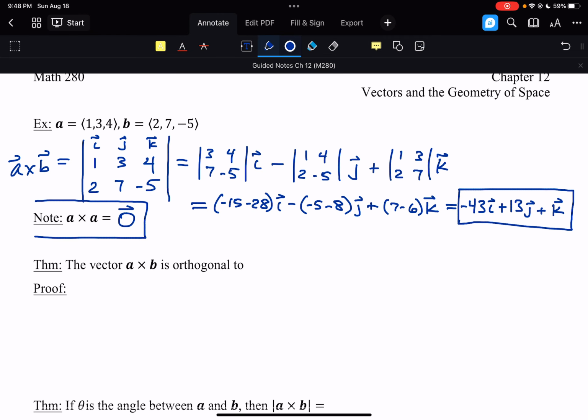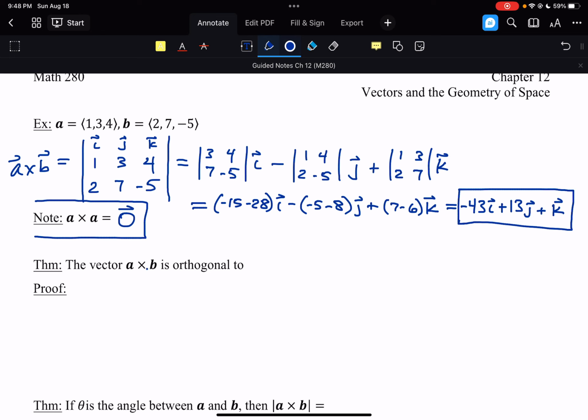Now, the very unique relationship about the cross product, and what we're going to be using it for quite frequently in the upcoming sections, is the orthogonality, or perpendicular nature, that it has.